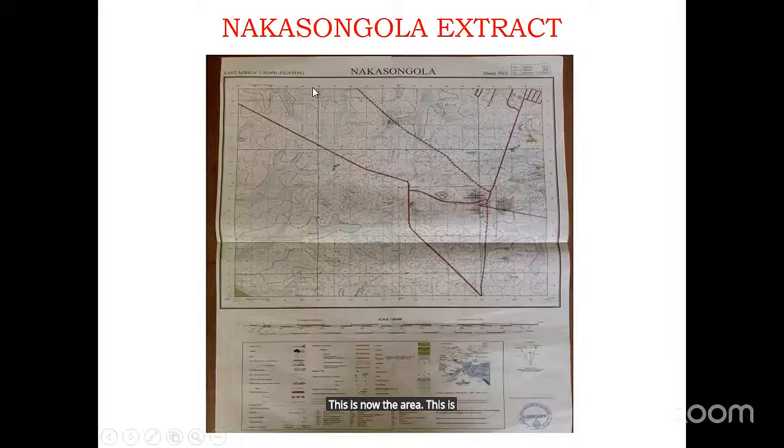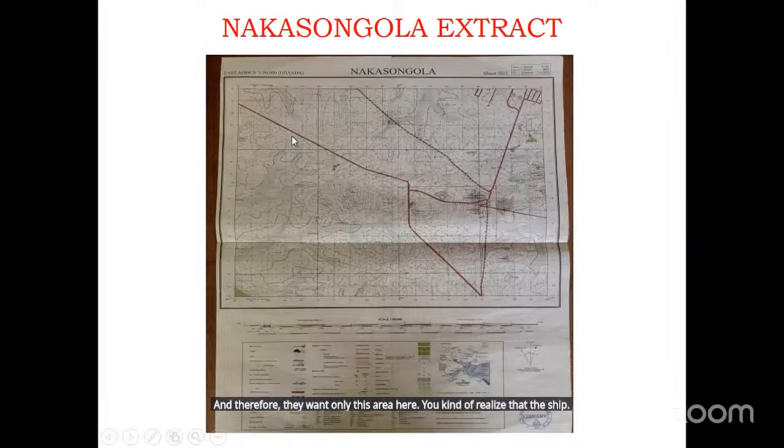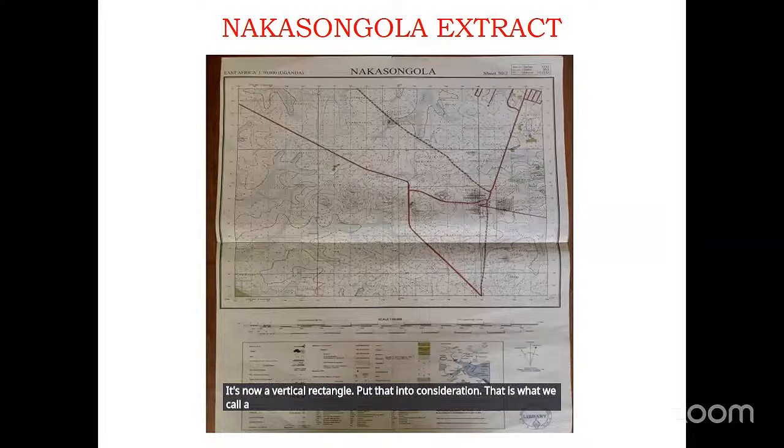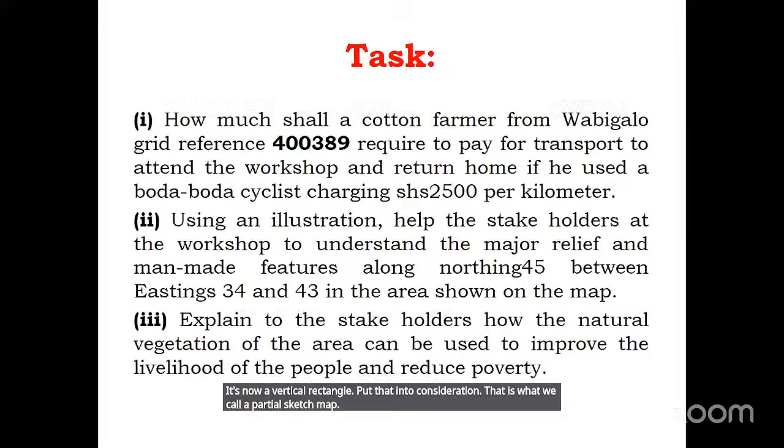This is Easting 40 here, and therefore they want only this area here. You can realize that the shape of the map has changed. The frame of the map has changed. It's now a vertical rectangle. Put that into consideration. That is what we call a partial sketch map. UNEB can give you anything.